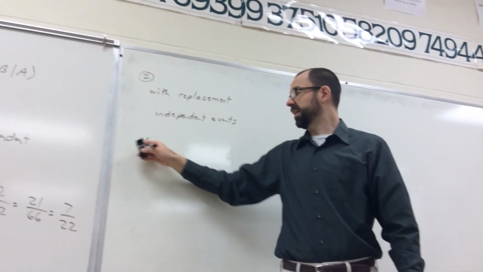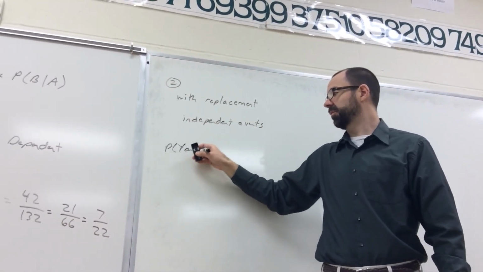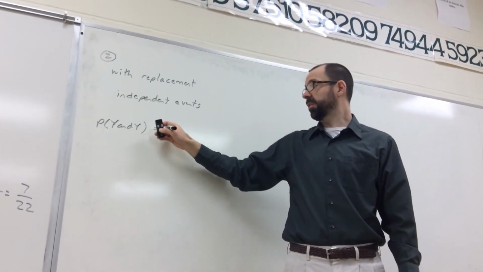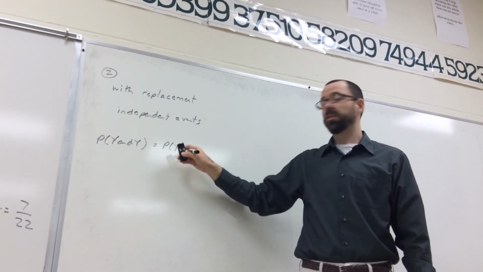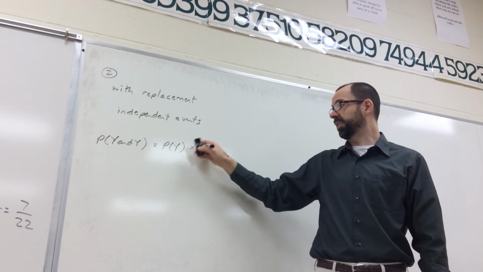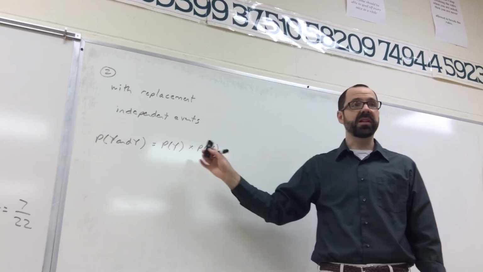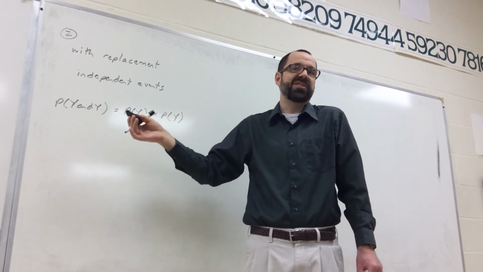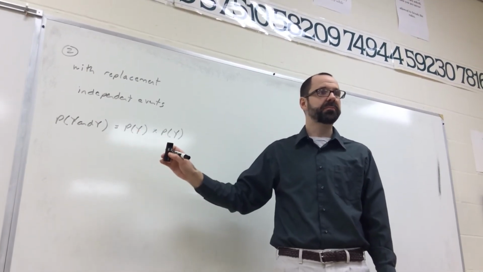So the probability of getting yellow and yellow is just going to be the probability of getting a yellow multiplied by the probability of getting a yellow. It's less complicated this time because the first event doesn't affect the second event.